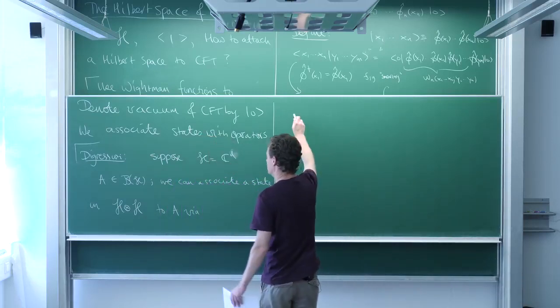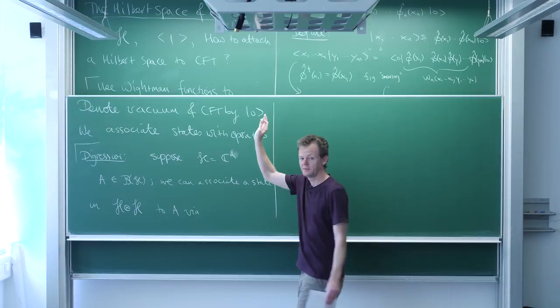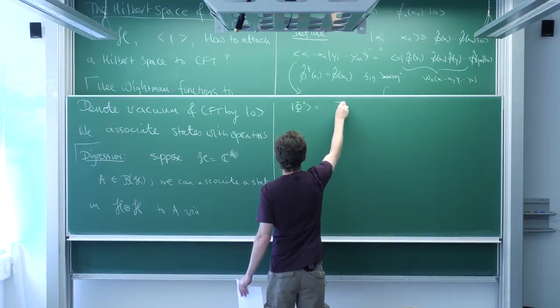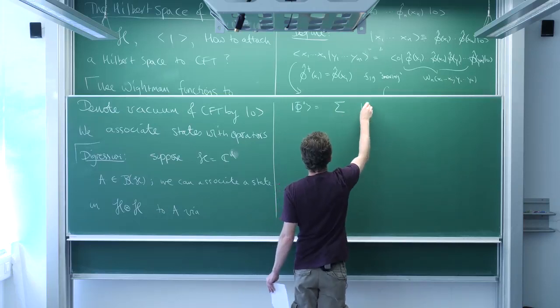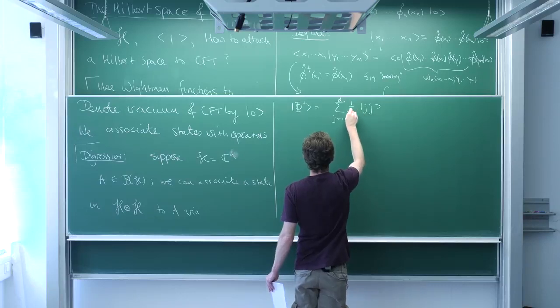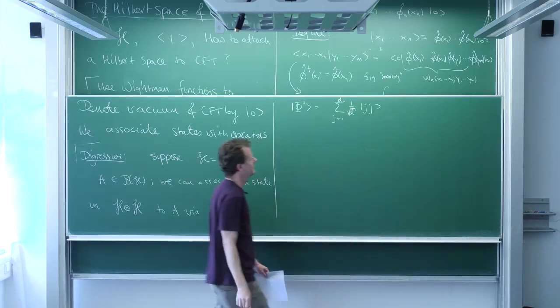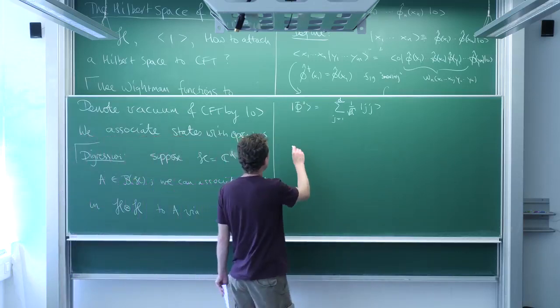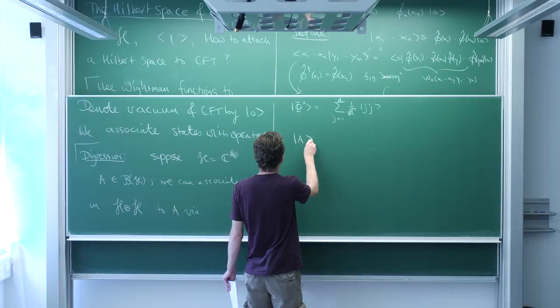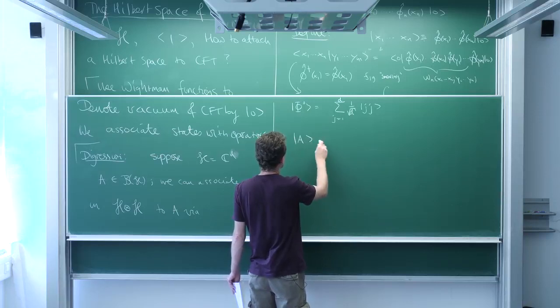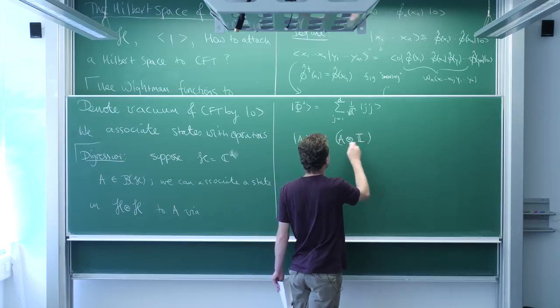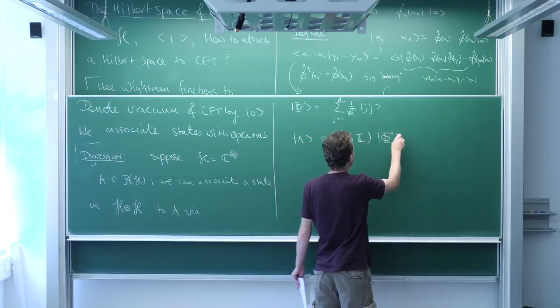And we choose a very special state. We construct the following state, phi plus, and we associate with the operator A the following state A, defined as A tensor the identity acting on this state here.